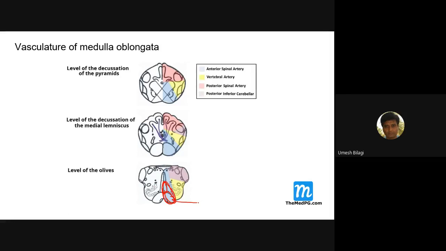This means it will cause contralateral hemiplegia, because they decussate here and down. This is up, it's shown reversed. This is up, this is down. So when they come down, they decussate. So contralaterally, you would get hemiplegia.